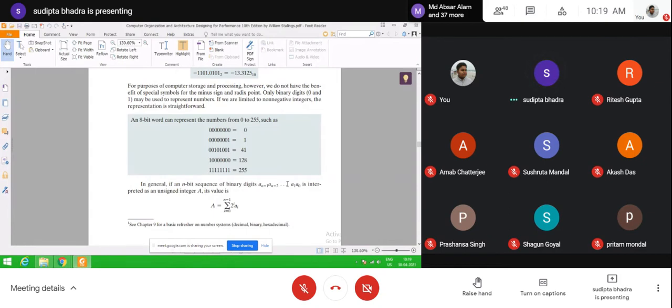So this set of bits can be interpreted as an unsigned integer a.